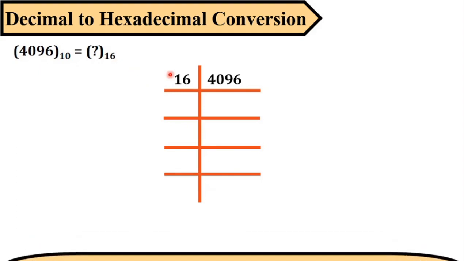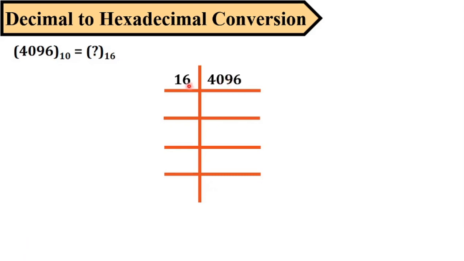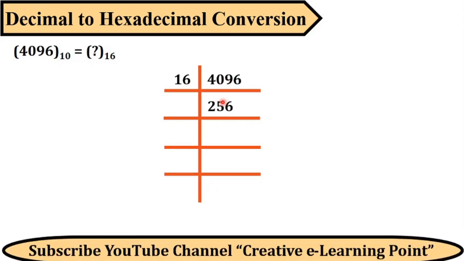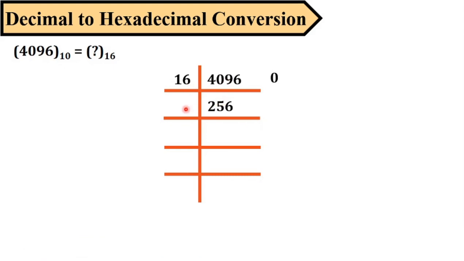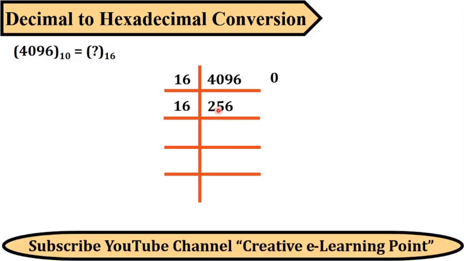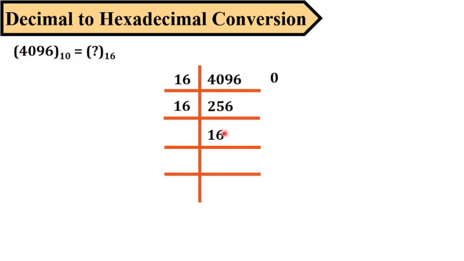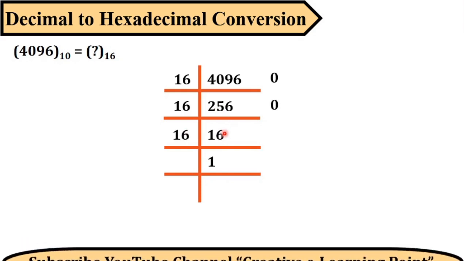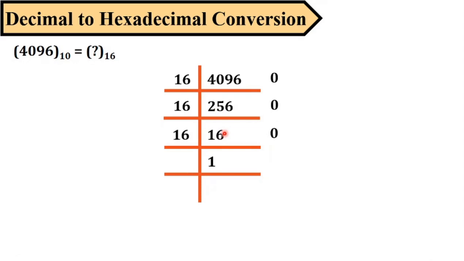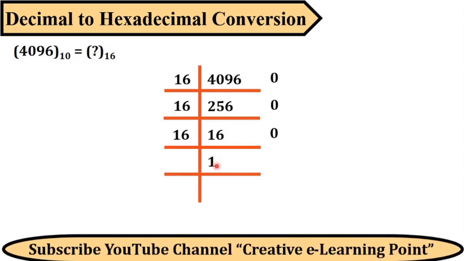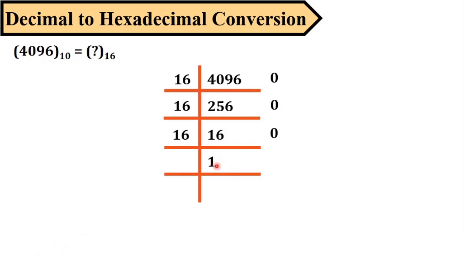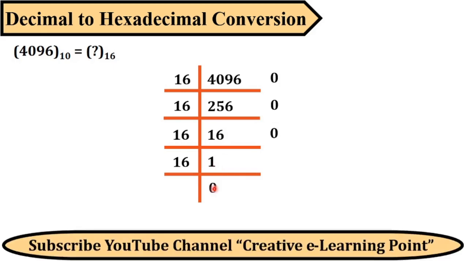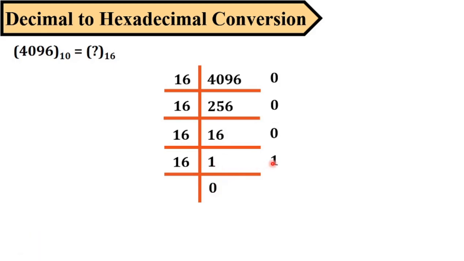As we divide 4096 by 16, we get 256 and the remainder is 0. Again we divide 256. We get 16 and the remainder is 0. Again we divide this 16. We get remainder 0. Now 1 is indivisible by 16, so finally we take 16 zeros are 0 and the remainder is 1.